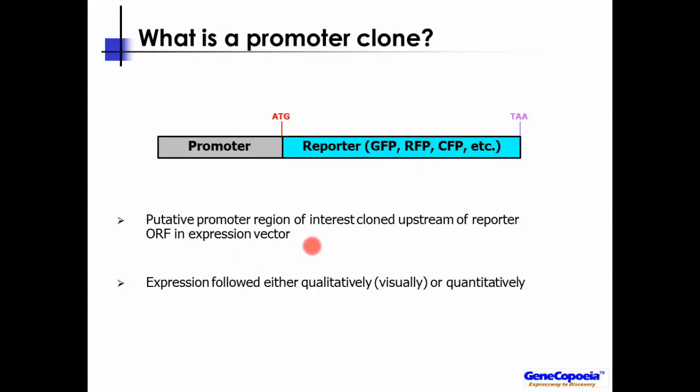So the putative promoter region of interest is cloned upstream of the reporter ORF in an expression vector. And then expression is followed either qualitatively, that is, if it's GFP, for example, you look for green cells, or quantitatively, just by measuring the actual activity level, the readout level.